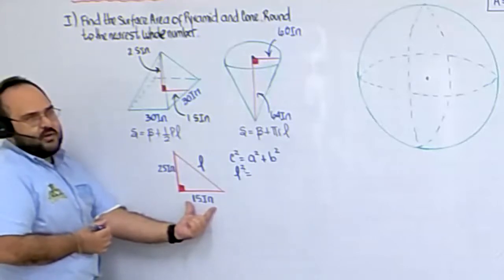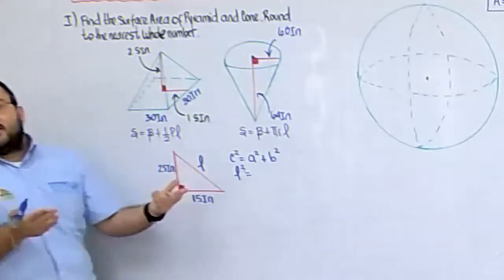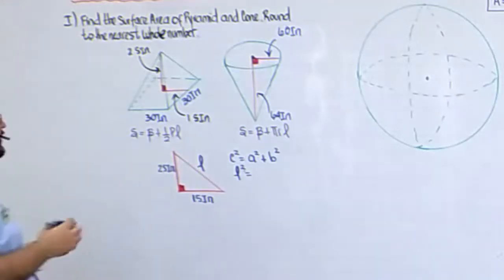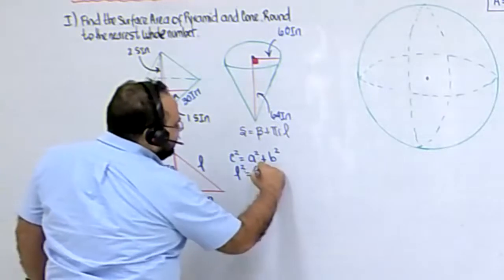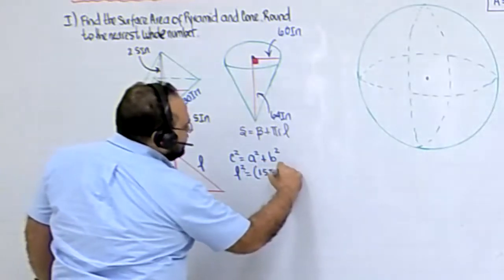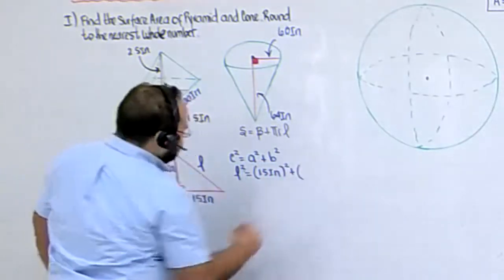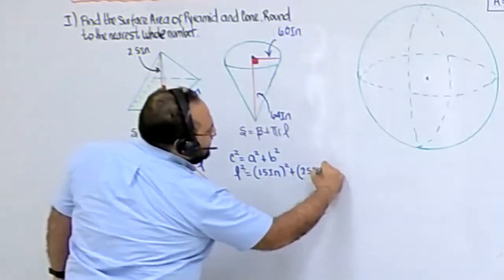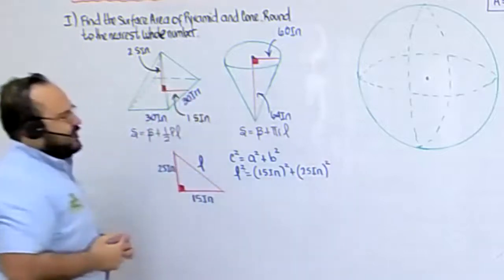We're going to take the smaller value first, but remember, in the Pythagorean theorem, the order of the factors doesn't affect the final result. So we have 15 inches to the second power plus 25 inches to the second power.